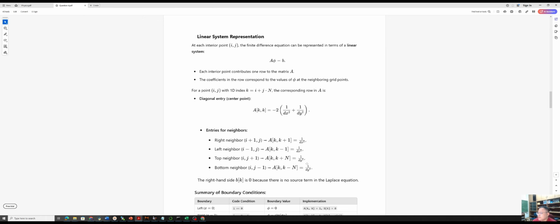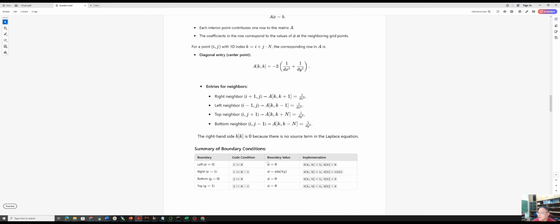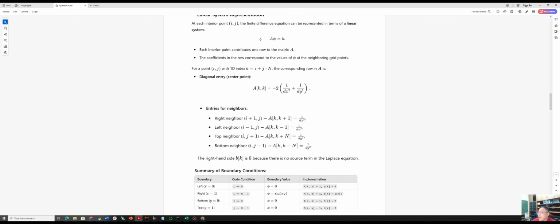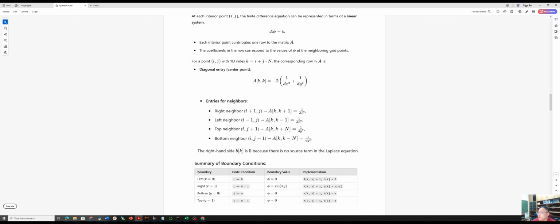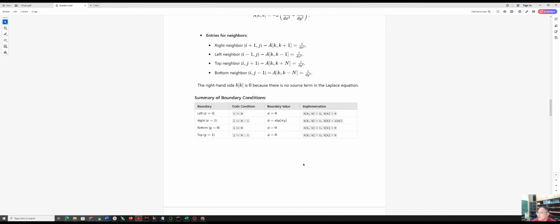You have the boundary condition, okay, with a kk equal to 1, to ensure that the boundary condition is satisfied. So A becomes 1, so the boundary condition is satisfied. And then you translate this into code.